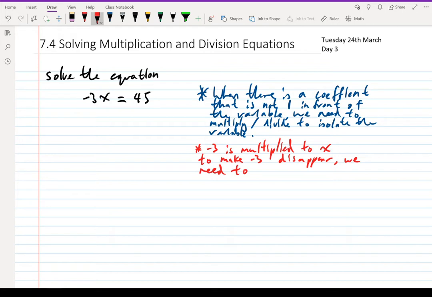So we need to now divide both sides by negative 3 in order to make the negative 3 disappear.